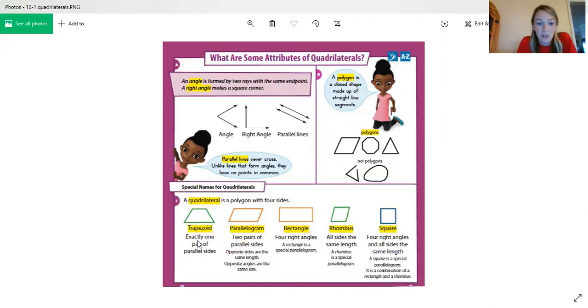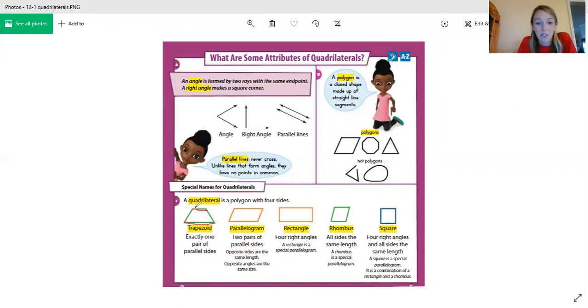So this line is parallel. I wonder if I can mark on this. Okay. This line right here is parallel to this line right here.